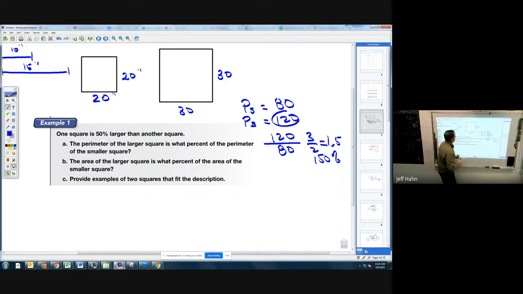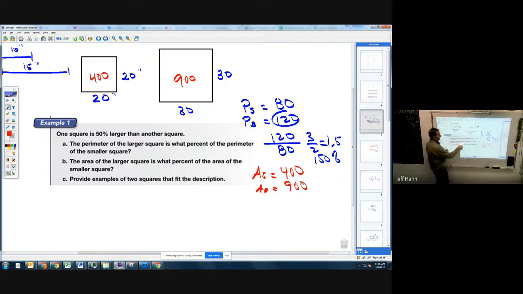However, let's do the area. The area of the little square is, what's 20 times 20? 400. What's the area of the big one? 900. So I'll write that over here in case you're wondering. Area of the small is 400. Area of the big is 900.